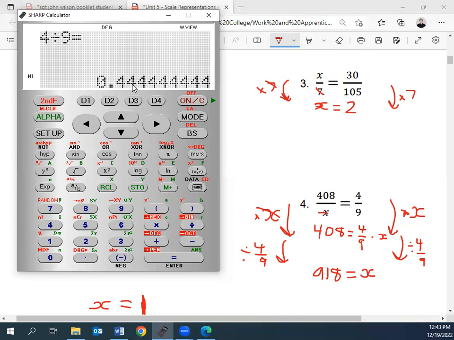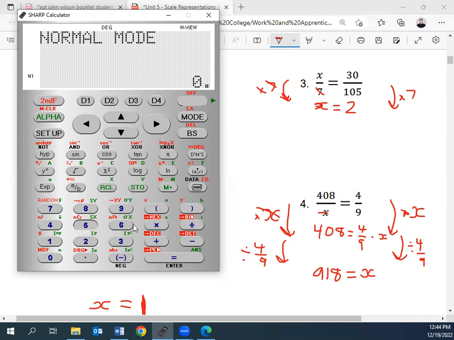Like if you think about how many quarters are in $5, that's 5 divided by 0.25, right?